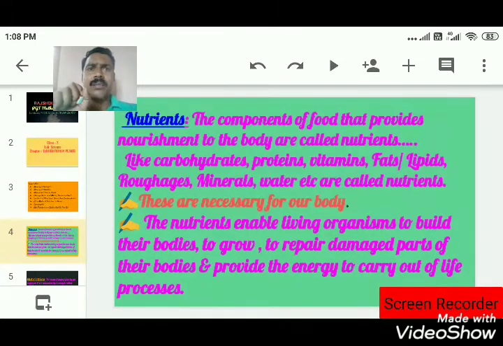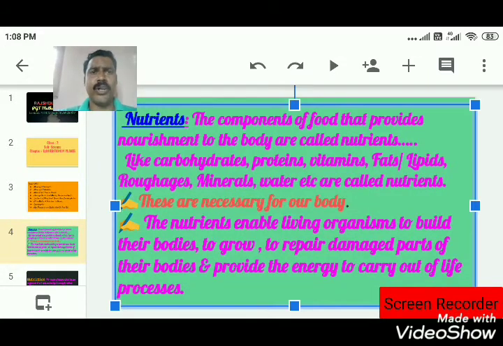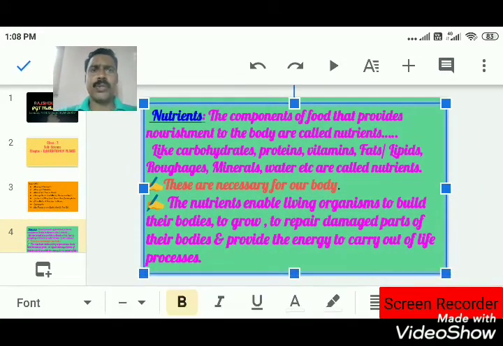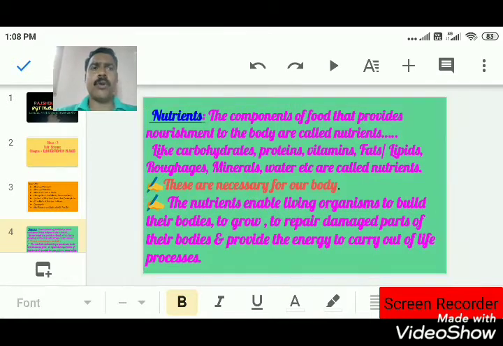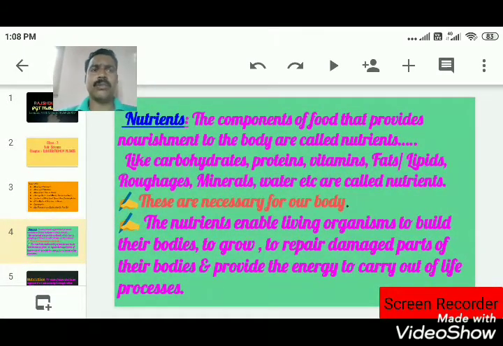Nutrients are necessary for our body. Important nutrients enable living organisms to build their bodies, to grow, and to repair damaged parts of their bodies.